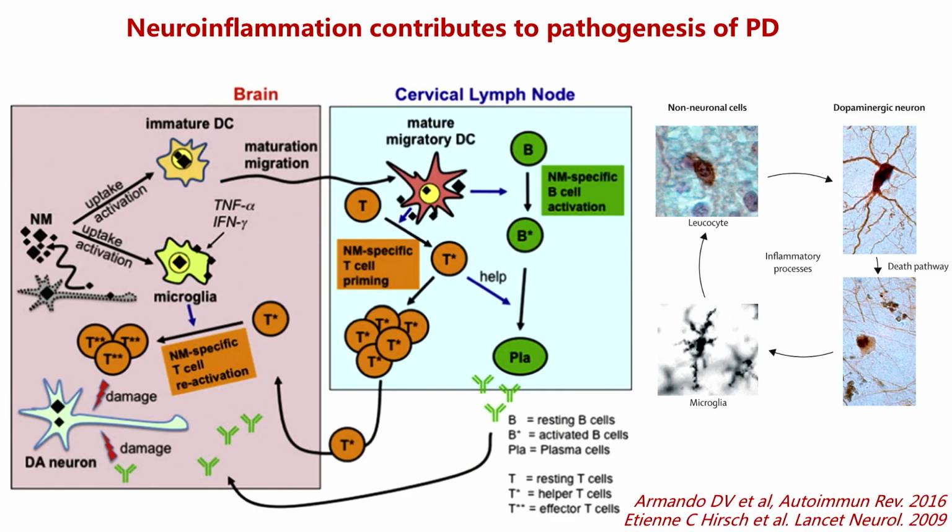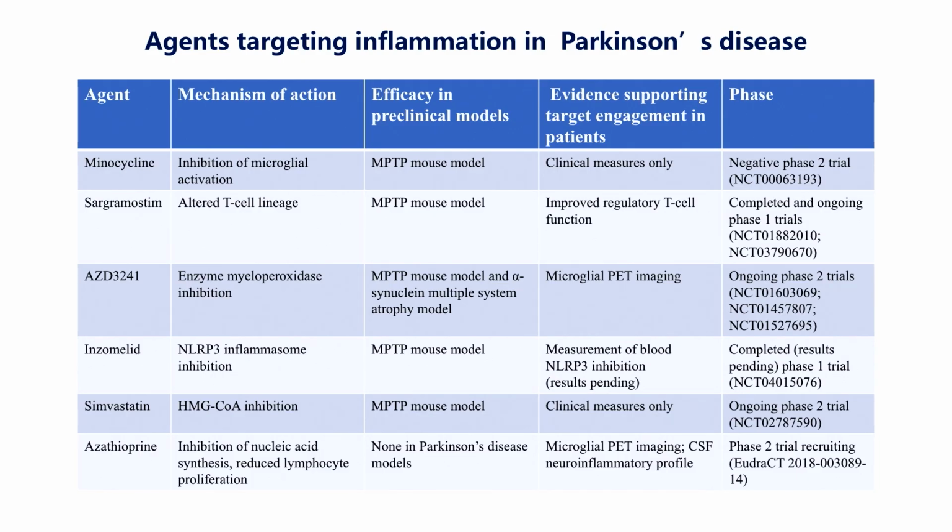I'm going to skip the Parkinson and inflammation because it's the death of the dopamine producing neurons, again causing inflammation similar to those in AD. So again, this is an anti-inflammation therapy that's going on in Parkinson's.